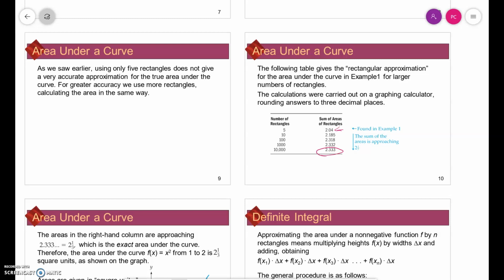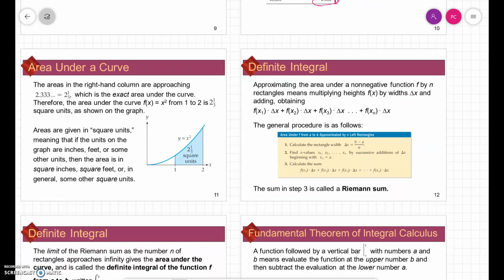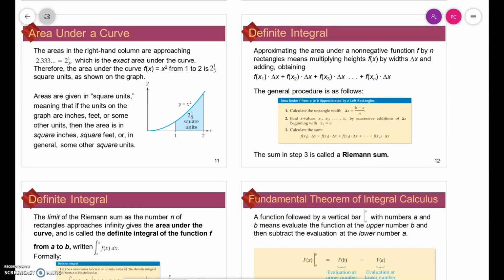And you can tell once you got from 100 to 10,000, those numbers are getting closer and closer together. So as the numbers get closer and closer together, we have a more true representation of the area under that curve. The areas in the right-hand column are approaching 2.333, or 2 1/3. That is the exact area under the curve of f of x equals x squared from 1 to 2.